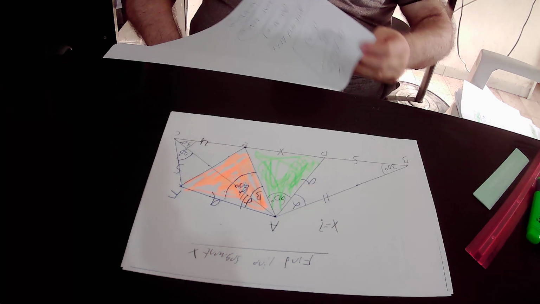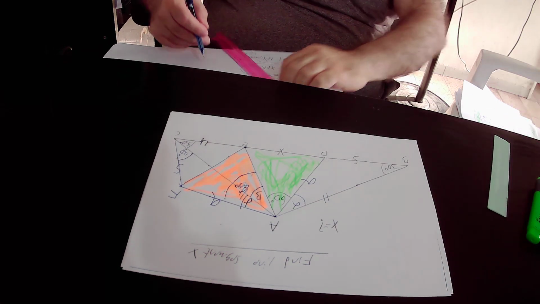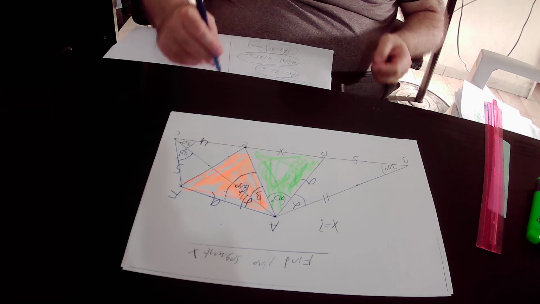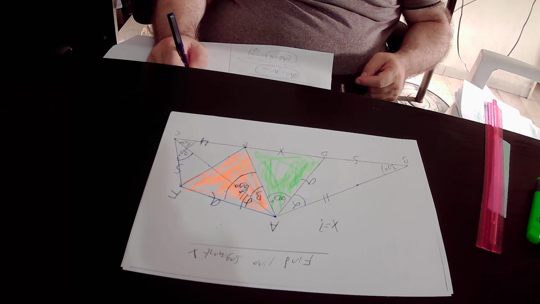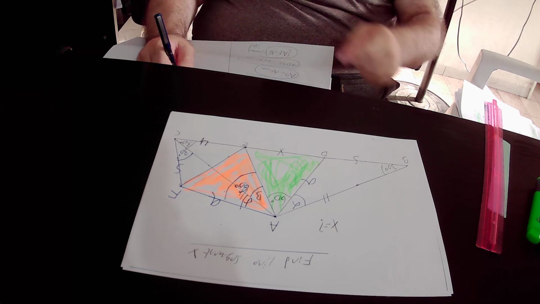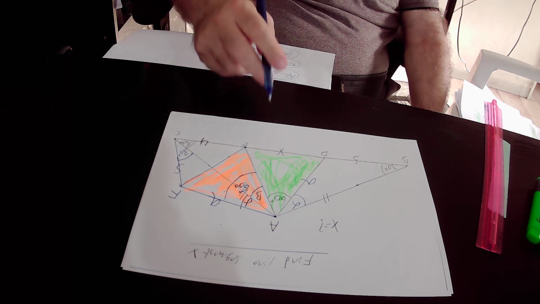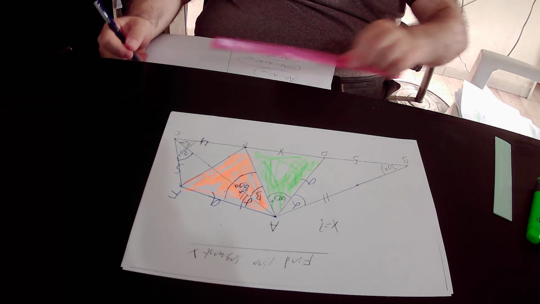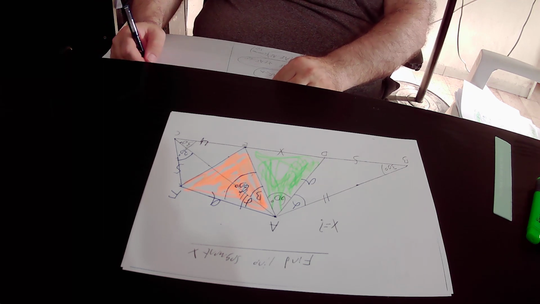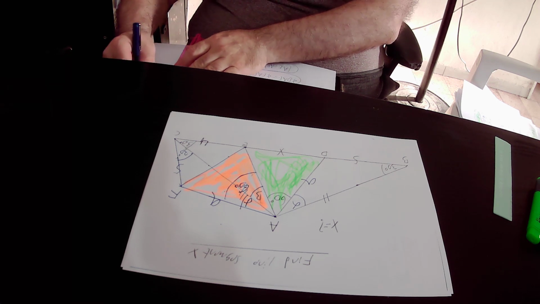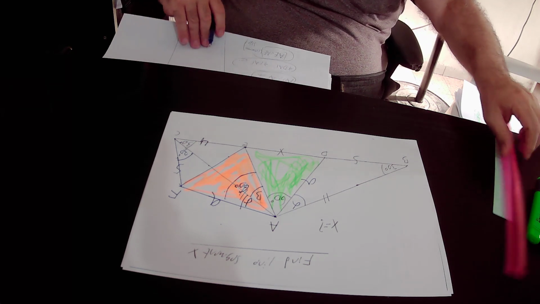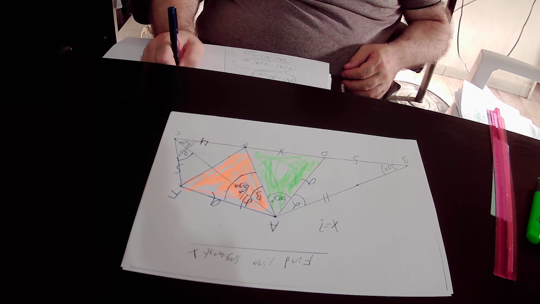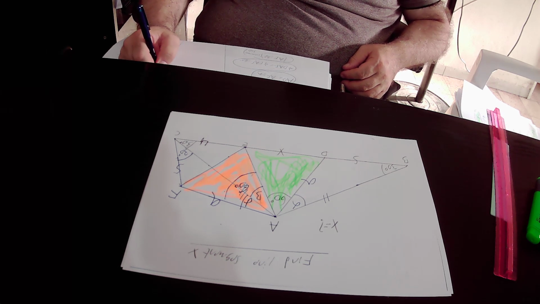So we actually proved that the green triangle ADE is congruent to the orange triangle AEF according to the side angle side rule.